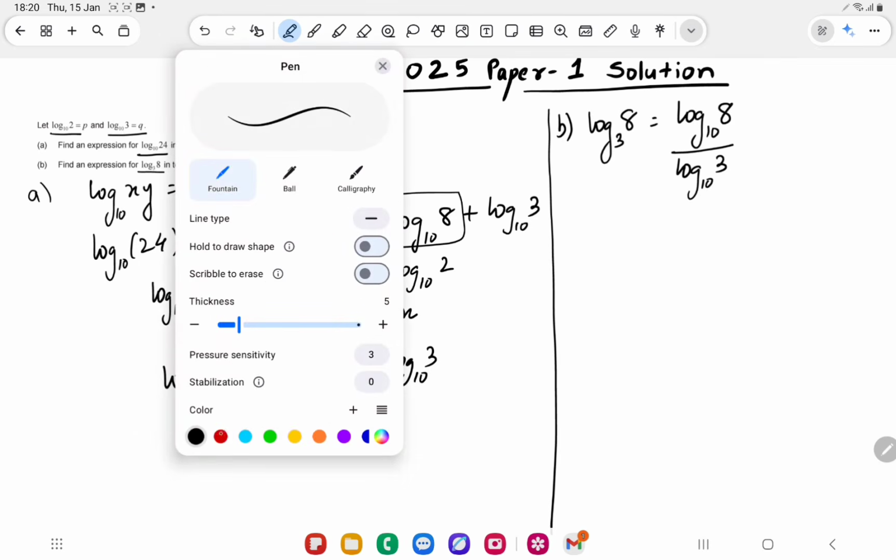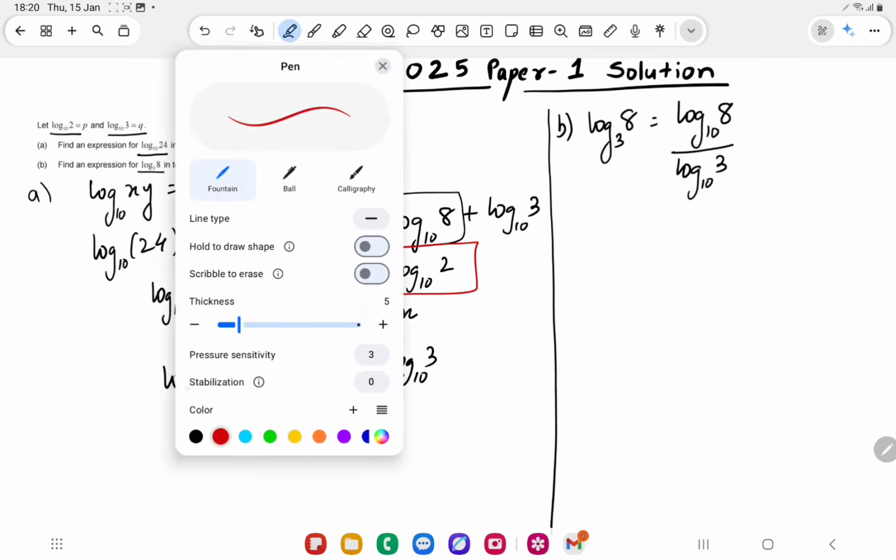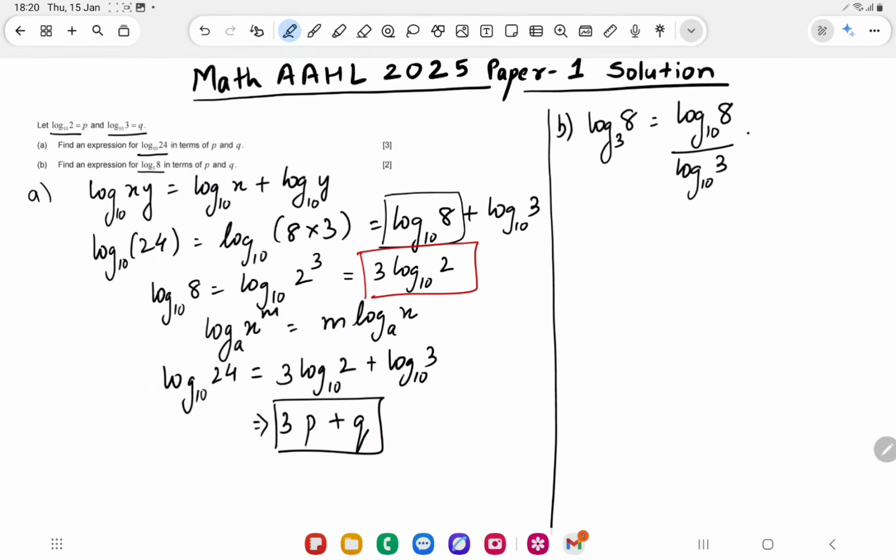And since here I have already solved log 8 as 3 log 2, which I can use over here, I can write it as 3 log 2 with base 10 upon log 3 with base 10 remains as it is. So I can write this as 3P over Q.